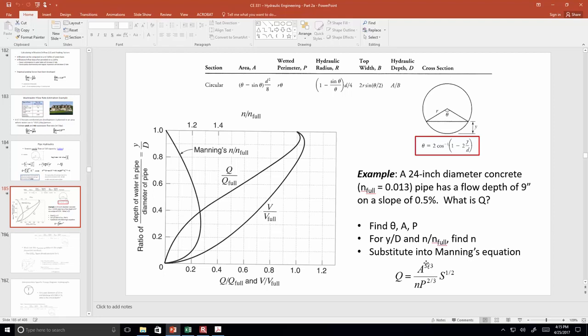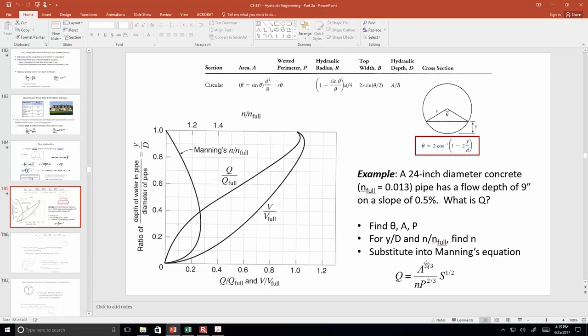Okay? So we don't really care about Q full. We want to know what's the flow rate under these conditions. So the flow rate under these conditions, when you've only got 9 inches of water going through a 24-inch pipe, that's the 3.75. So we went through the procedure and found that.